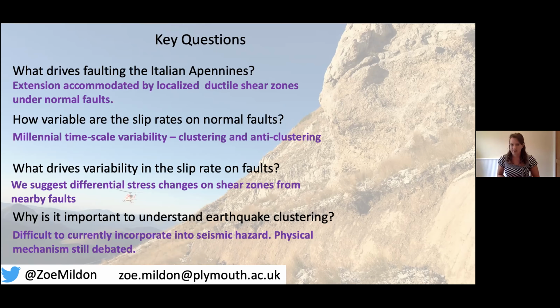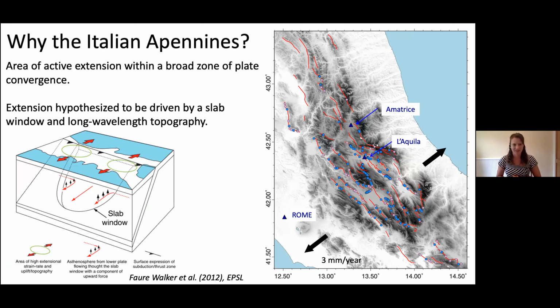So why the Italian Apennines? Duna gave a nice little introduction to the southern part of Italy. It's relatively similar in the central Apennines. It's a broad zone of active extension of about 3 millimeters per year in a northeast to southwest direction.